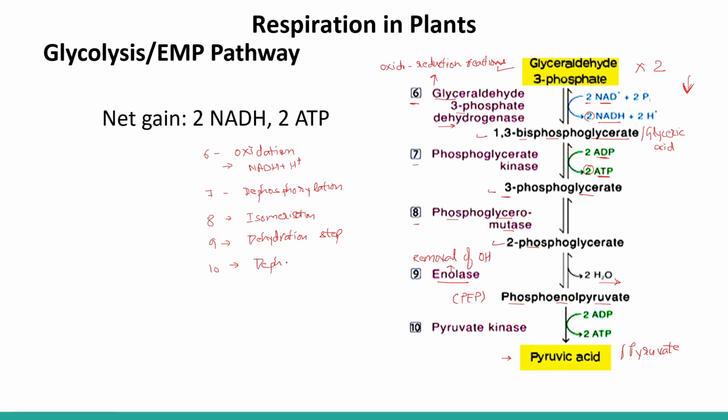This is the second dephosphorylation step. You can see here, ADP accepts the phosphate and is converted into ATP. So now you can see glycolysis is a 10-step process, and it also contains 10 enzymes.